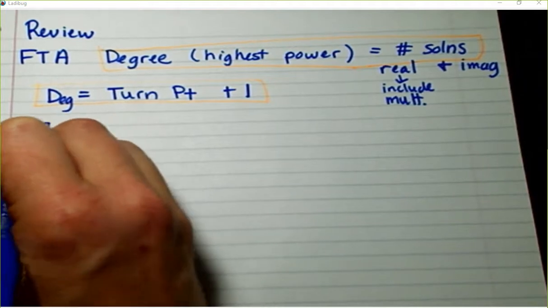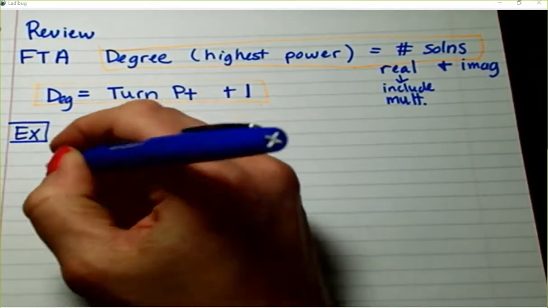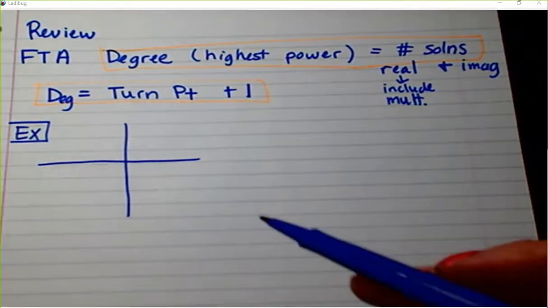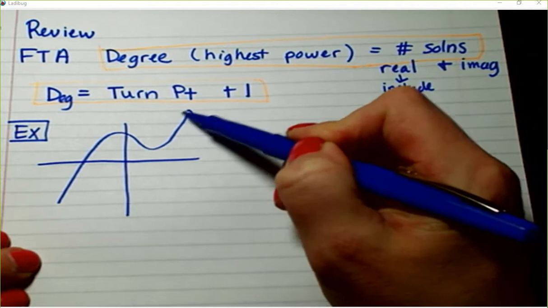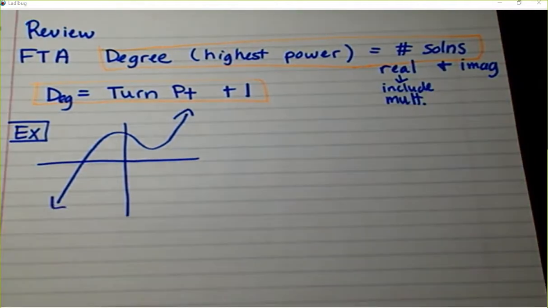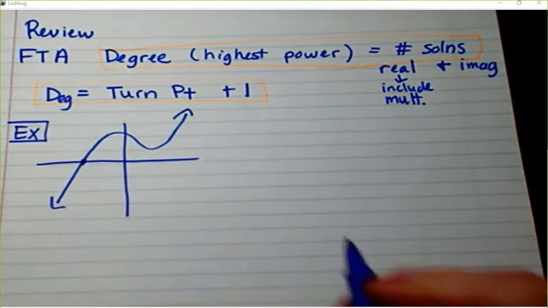All right, so an example. All right, so we're going to go like this. The specifics are not important. Just it crosses the x-axis once, and it's got two turn points.